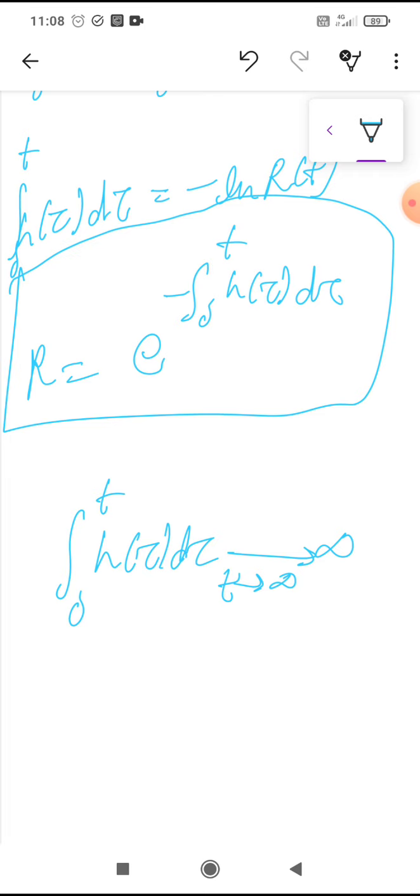This we can prove, but there is no necessity for proof. We know that if the time tends to infinity, the integral of the hazard rate will also tend to infinity. That is a normal concept. We will see an example also.